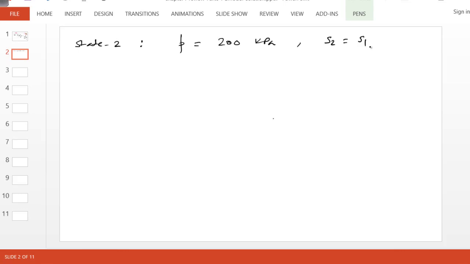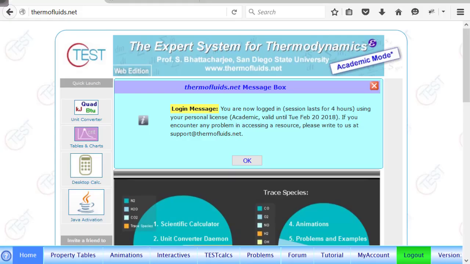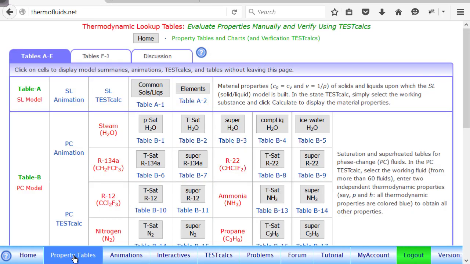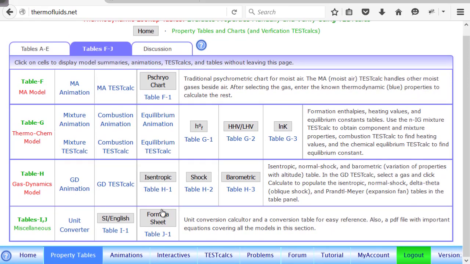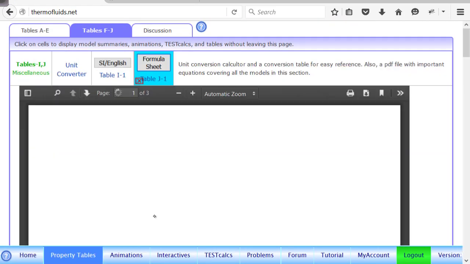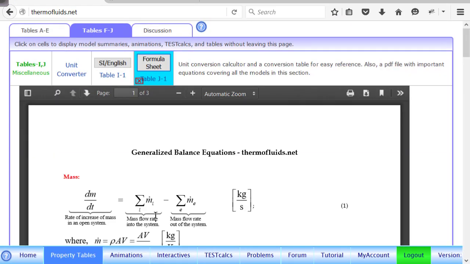So for the PG model, the formula we open, if you go to the property tables, I'm showing that table one more time. If you go down to table J, it's the formula sheet. I'm assuming you already have a printout of that.